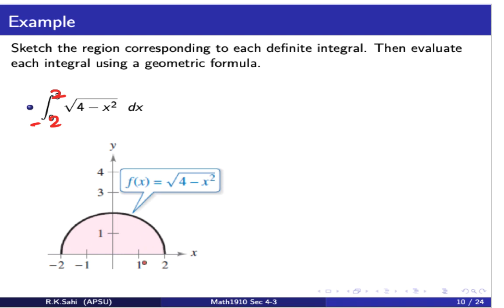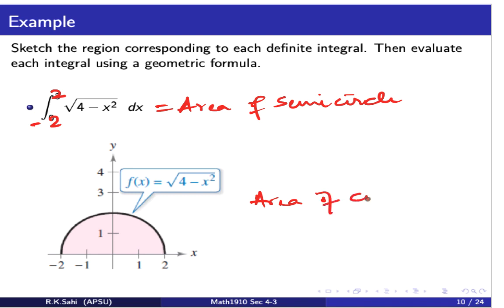Now, this is the area of a semicircle. What's the area of a circle, guys? We know the area of a circle is pi r squared. A semicircle would be half of that, half pi r squared. What's the radius?